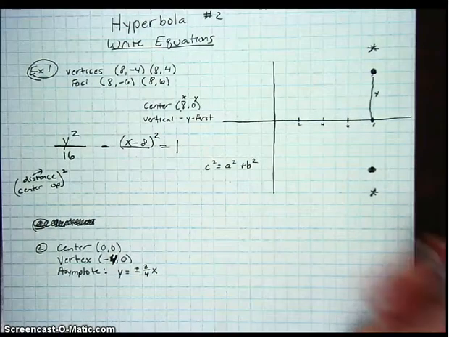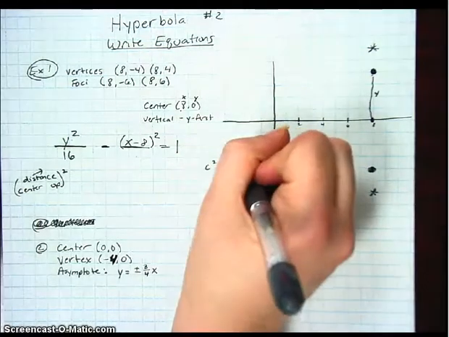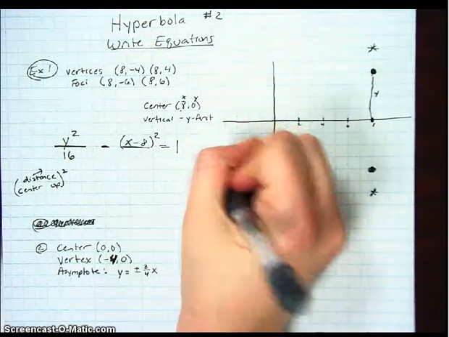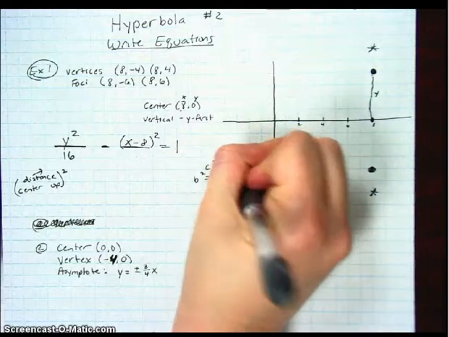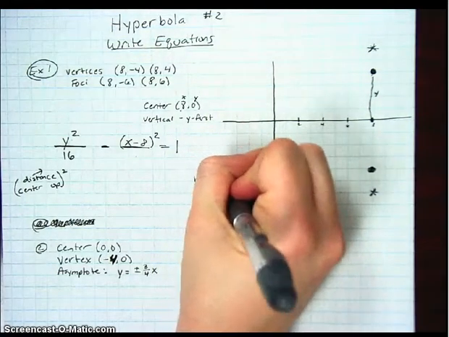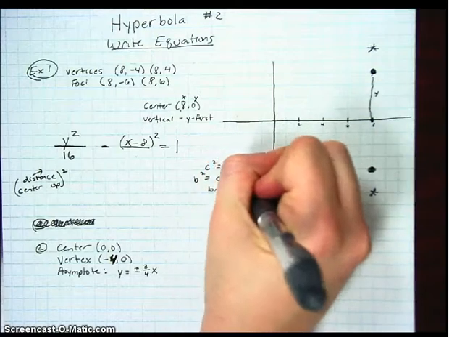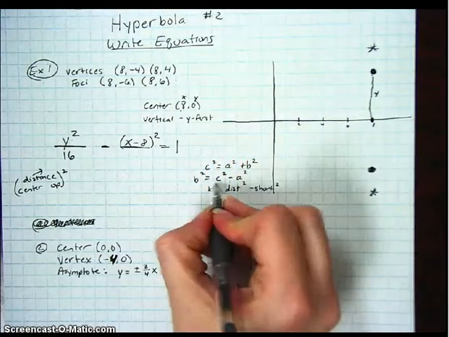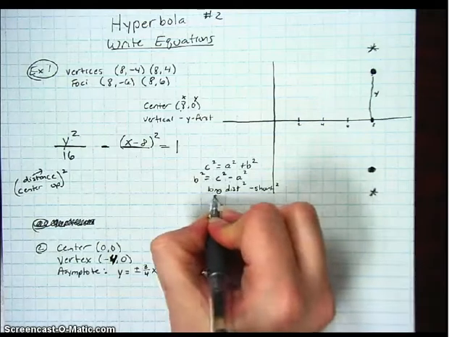We can rearrange this, and in order to get b squared by itself, we'll subtract a squared. So we'll have b squared equals c squared minus a squared. This is still going to be the long distance squared minus the short distance squared, so our foci distance minus our vertex distance.